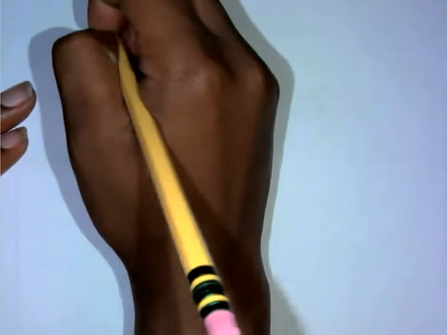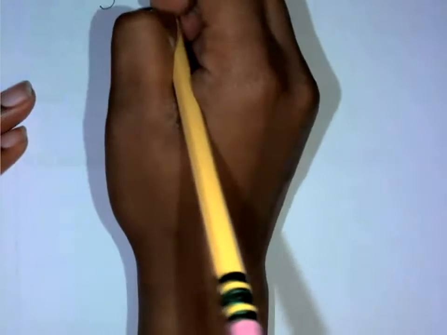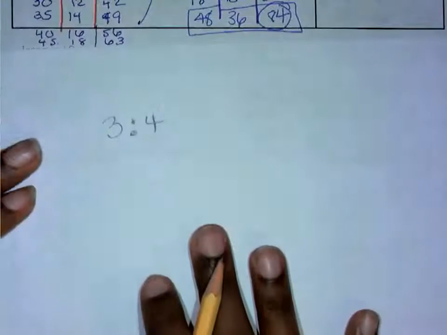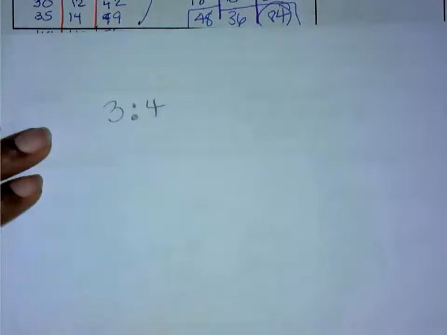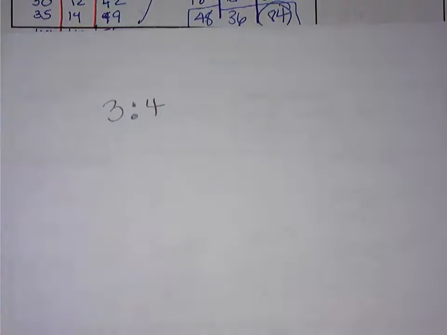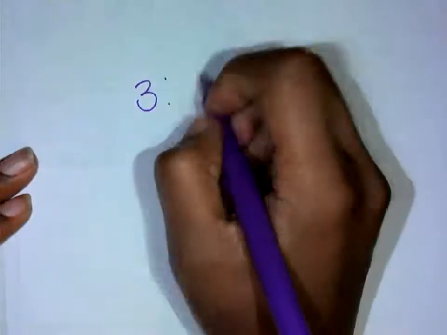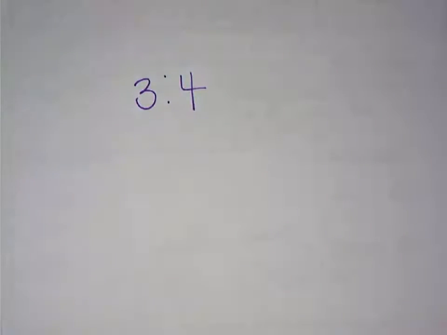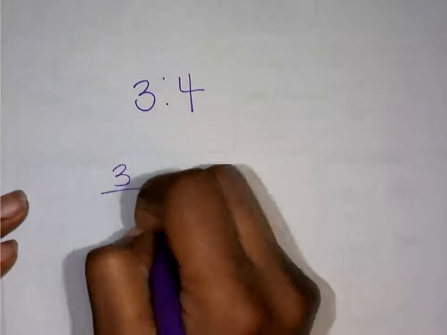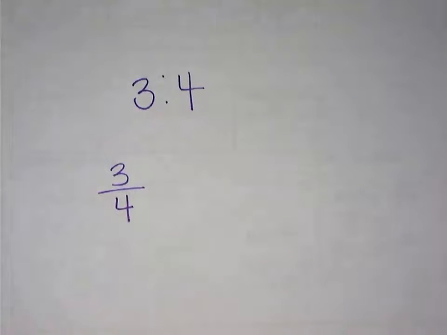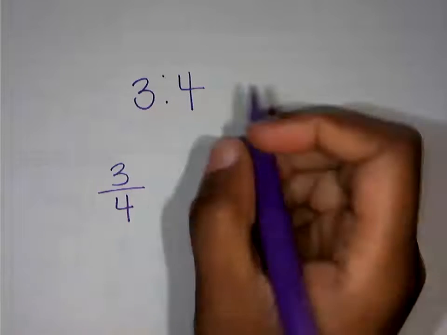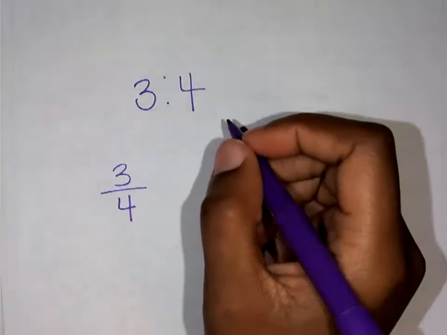So it's 3 boys to 4 girls. I'm going to need to do this in a marker. The same thing as writing it as 3/4 when we're looking at it as a ratio, right? So we know that we ended up with 245 altogether.